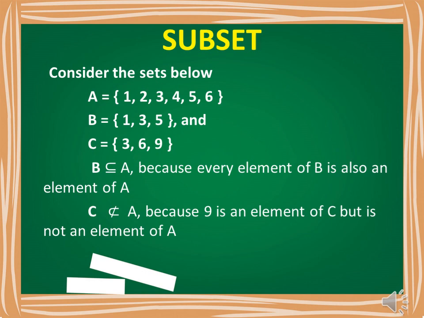There are two numbers here, 3 and 6, which can be found in set A. But 9 cannot be found in set A. Therefore, C is not a subset of A because 9 is an element of C but is not an element of A. So that's it.